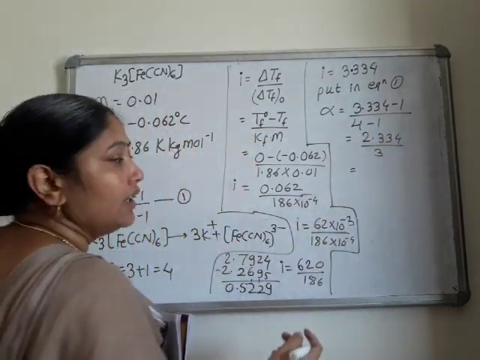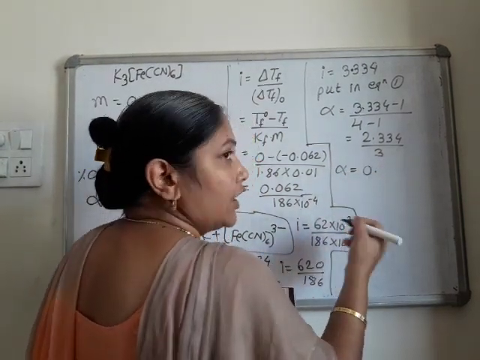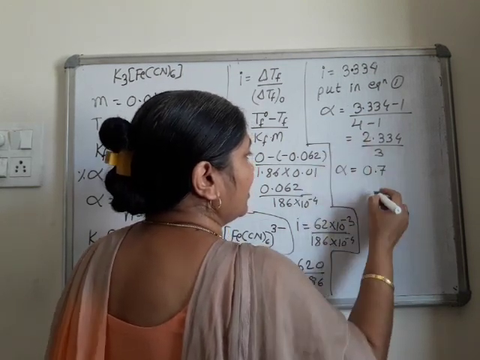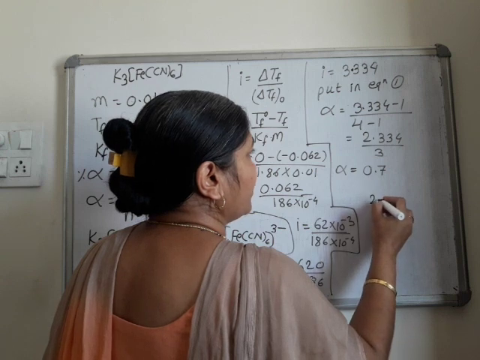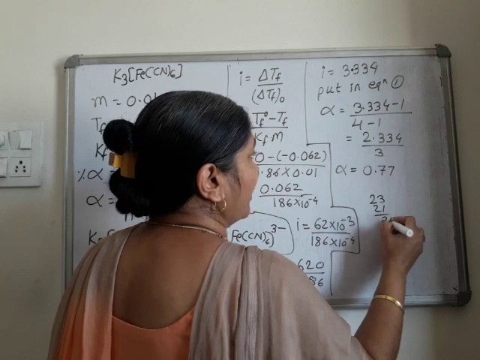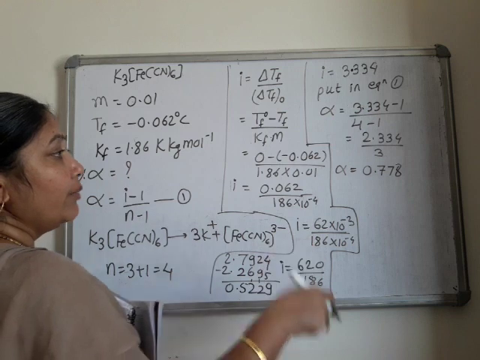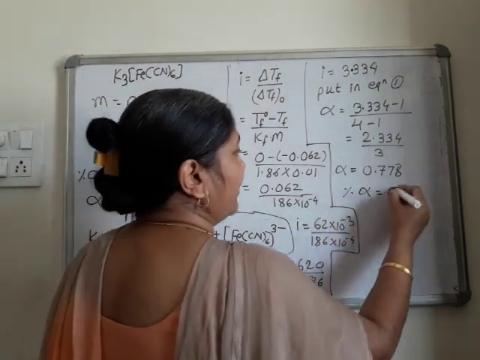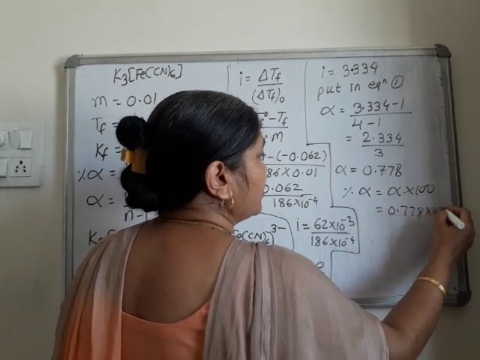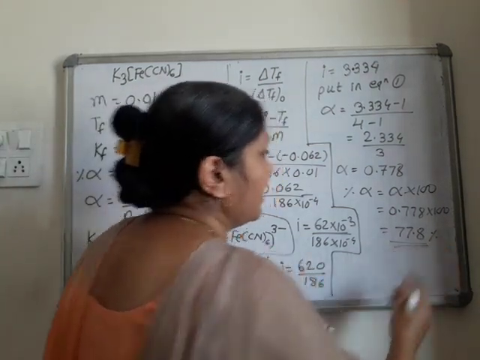Divide this by 3, so the value of alpha is 0.778. They asked percent alpha. So what is percent alpha? Alpha into 100. So alpha 0.778 into 100 is 77.8%. This is the answer.